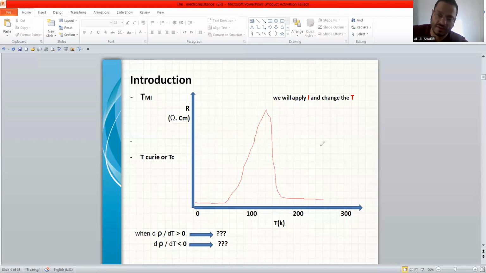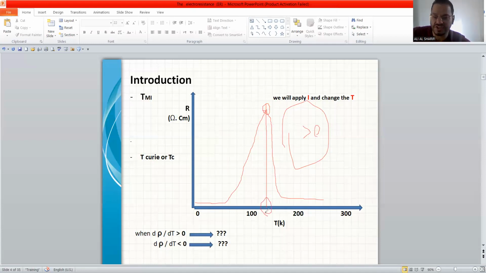Here, for example, this part of the curve is insulating. It's delta resistivity divided by delta T, and it's bigger than 0. That means here is the insulating area. But after crossing this critical point at the top, this insulating behavior will become metallic.